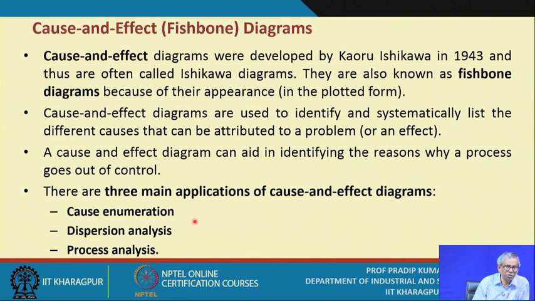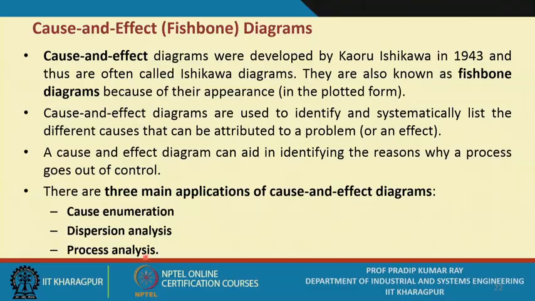The first one is cause enumeration. The second one is dispersion analysis, which is very vital, because through dispersion analysis you will come to know the effect of variability in the causes on the variability in the effect or the problem.